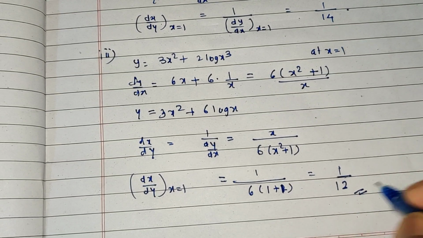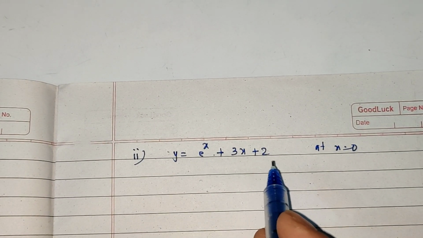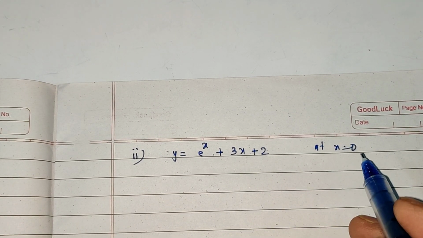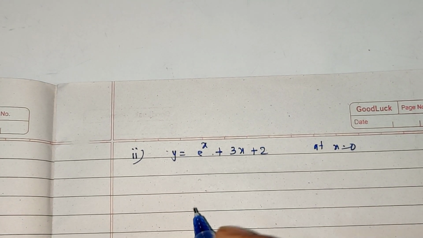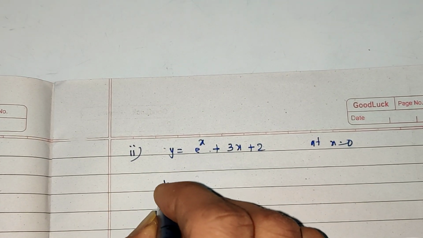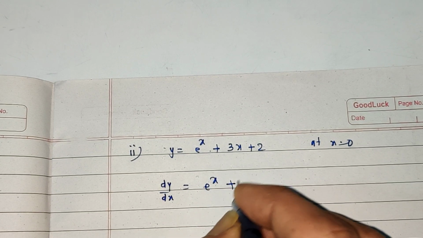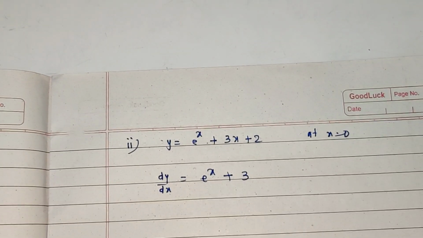Y is e raised to power x plus 3x plus 2. At x is equal to 0, we find derivative of inverse function, that is dx by dy. So find dy by dx is equal to derivative of e raised to power x, 3 and constant derivative is 0.